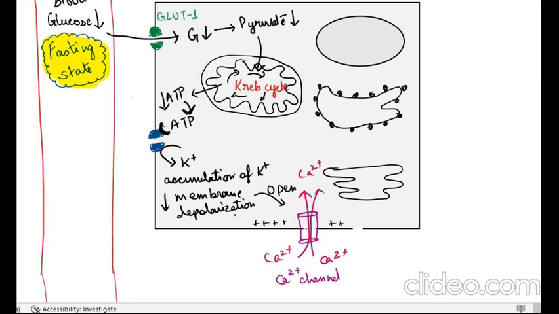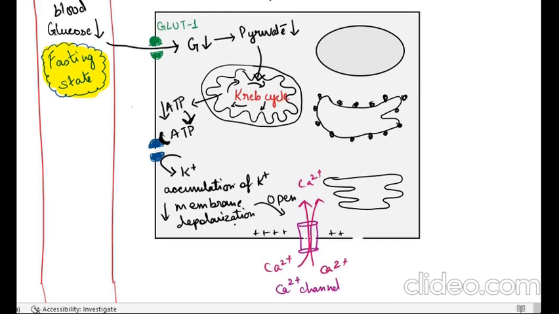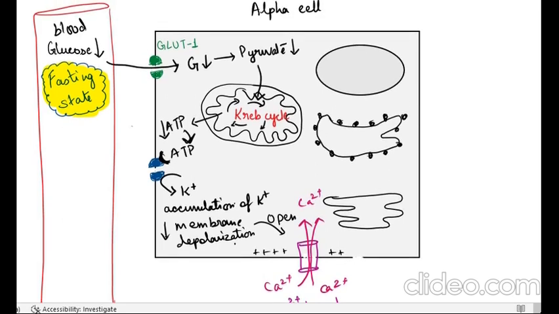Now let's see what else is happening inside the cell. This cell also has other GPCR proteins.